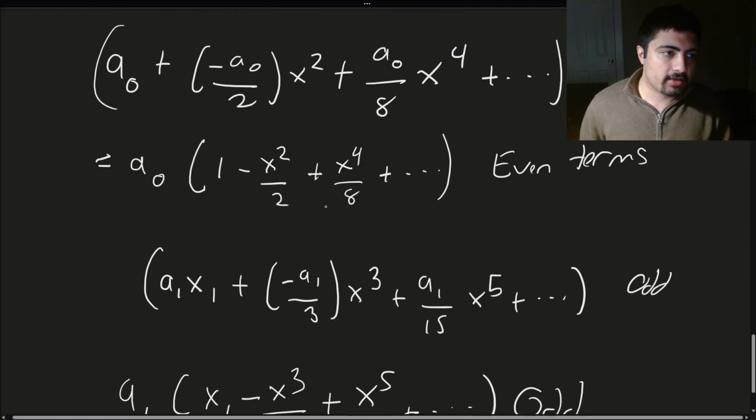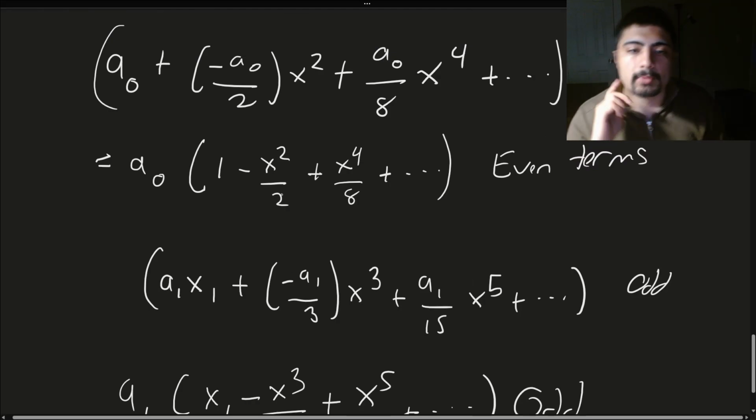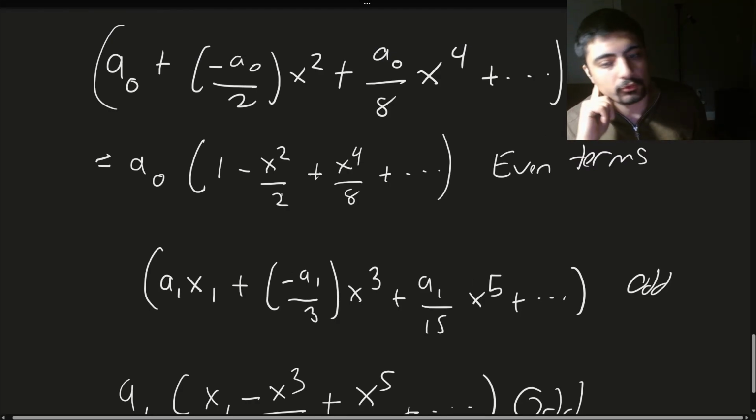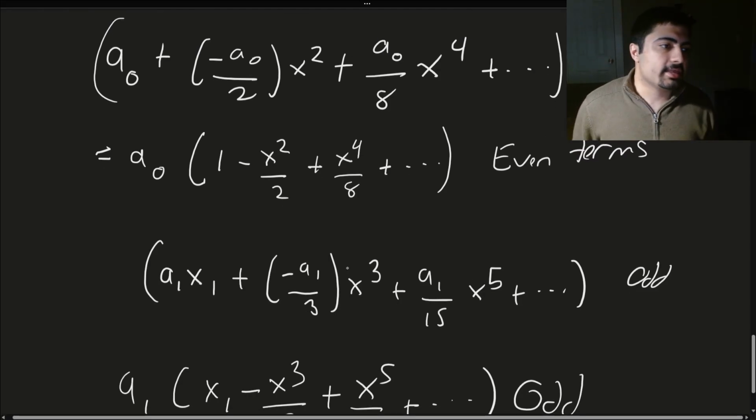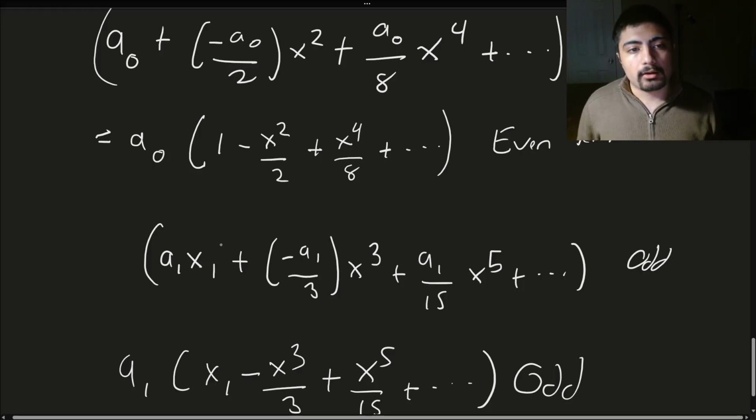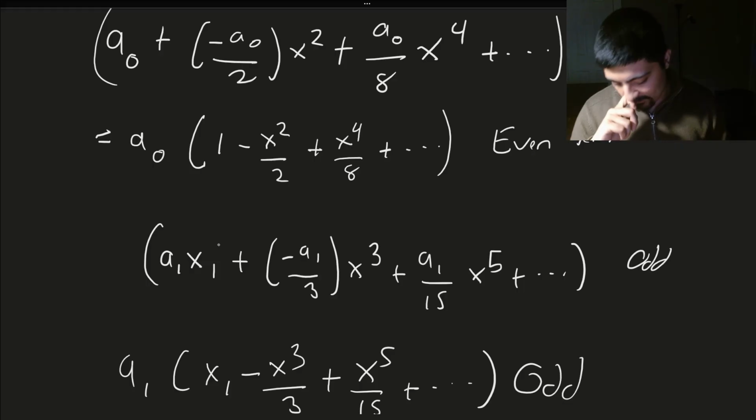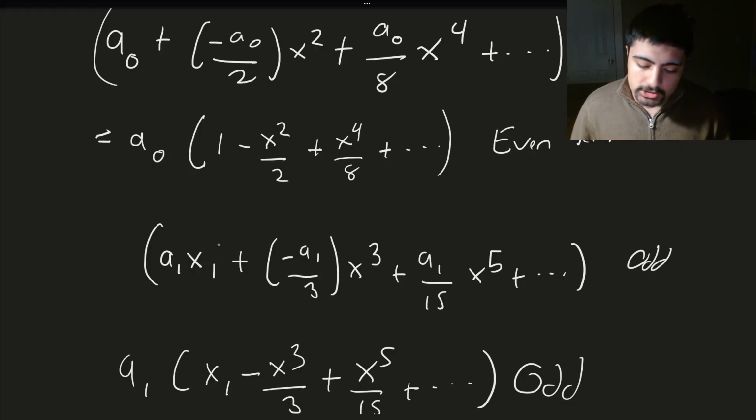So basically we have the even terms, a0 times 1 minus x squared over 2 plus x to the 4th over 8, and it keeps going, and the odd terms. And you might ask, hey, what are this a0 and a1? Well, remember how we did second order differential equations? We had c1 and c2. That's just c1 and c2.